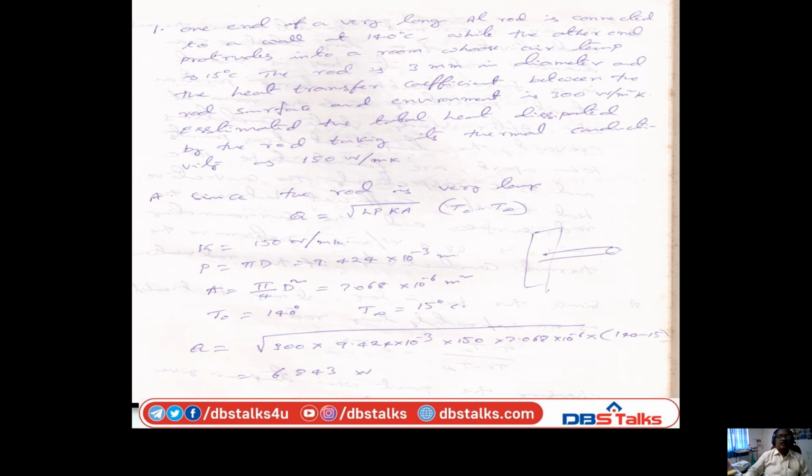That is, wall temperature is 140 degrees centigrade, while the other end protrudes into a room whose air temperature is 15 degrees centigrade. The rod is 3 mm in diameter and the heat transfer coefficient between the rod surface and the environment is 300 watt per meter square Kelvin. This is the h value. Estimate the total heat dissipated by the rod, the thermal conductivity K value being given.